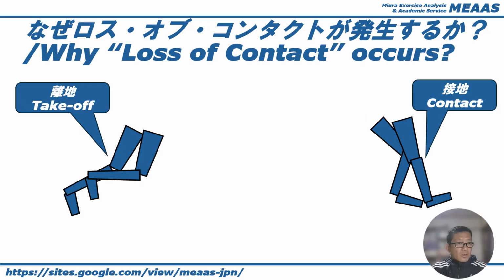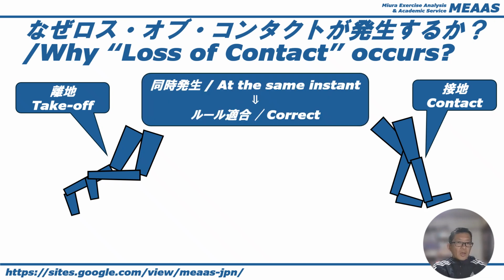This schema is a diagram of takeoff, just after takeoff, and the diagram of just before contact and instant of contact. So this is not the same foot, not the same side of leg. If it is the takeoff of the left leg, it is the contact of the right leg. If the takeoff is the right leg, it is the contact of the left leg.